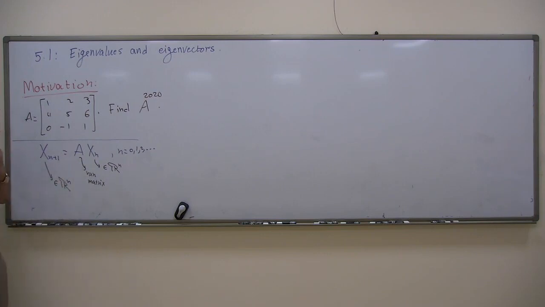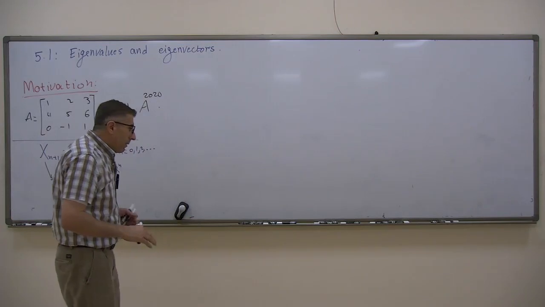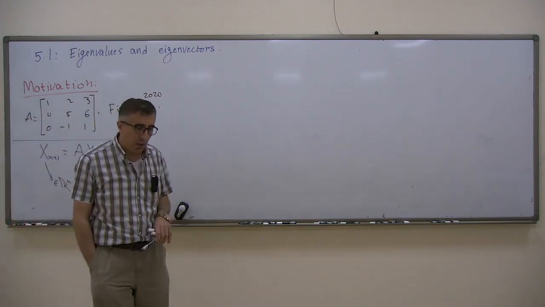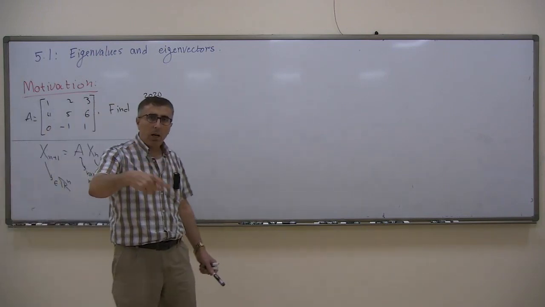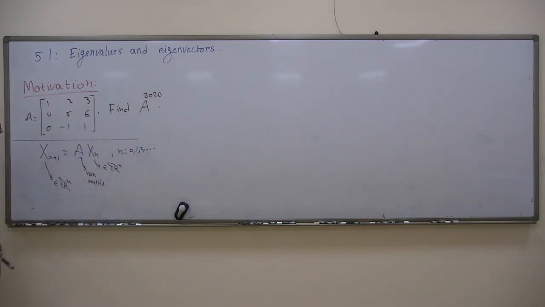Well, why do we need something like this? Well, today, everybody is talking about the coronavirus. So you can think about, you are representing the current situation of the coronavirus in terms of a vector, and you are modeling the development, the progress or the spread of this coronavirus.